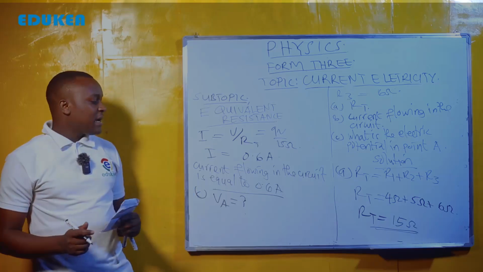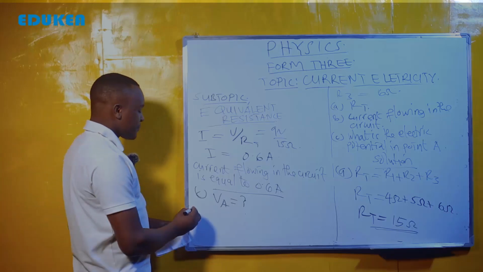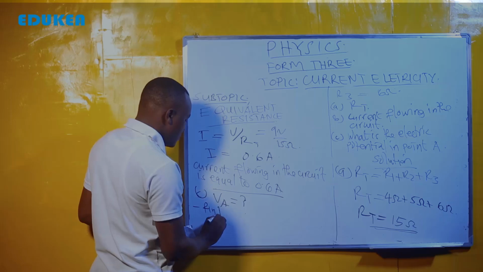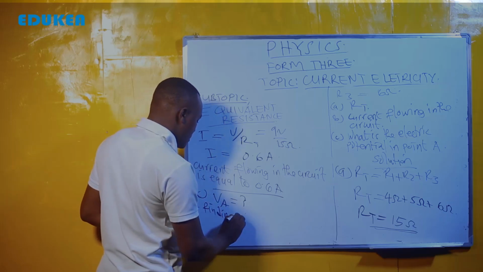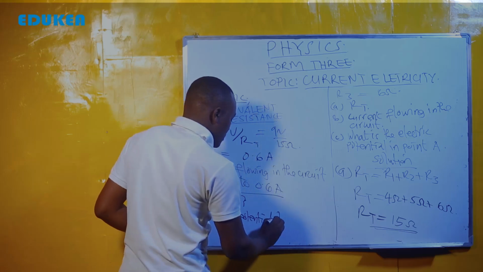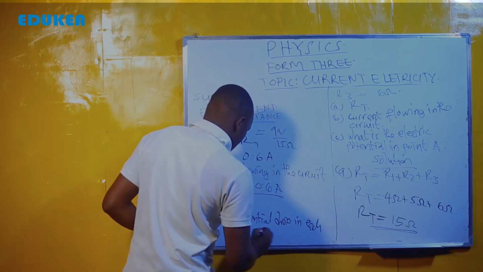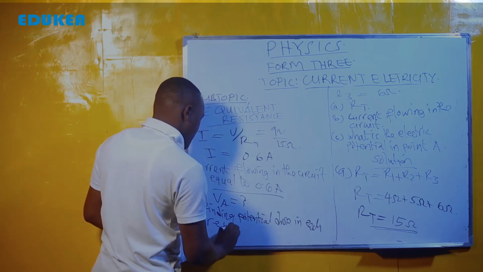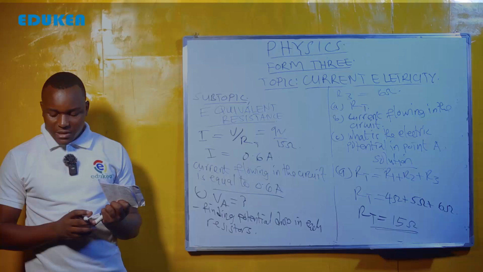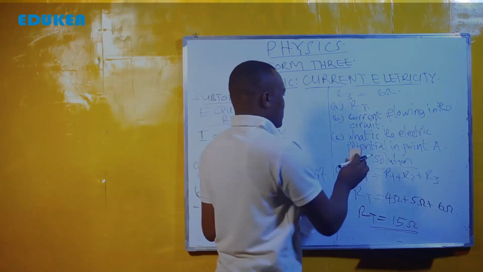So we'll find the potential drop in each resistor. To find the potential drop in each resistor, we can use the formula from Ohm's law.